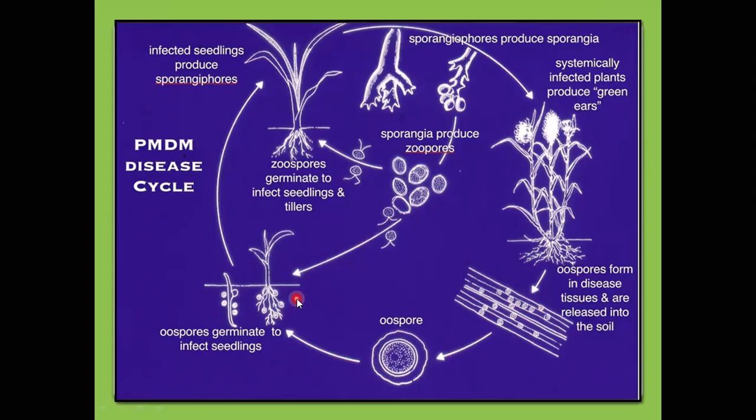Next year, suppose the farmer sows the seed in the same field. These seeds germinate and produce seedlings. But at this time, the oospores present in the soil directly infect the germinating seedlings.